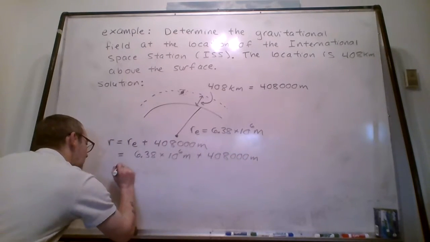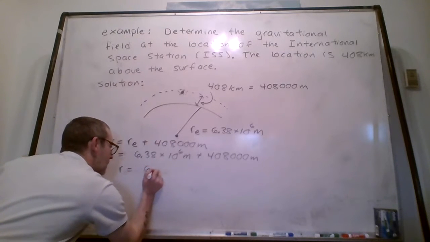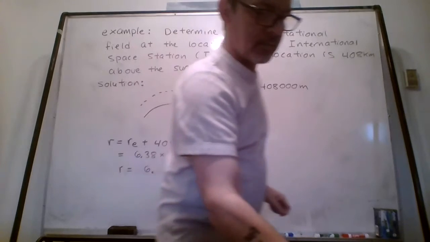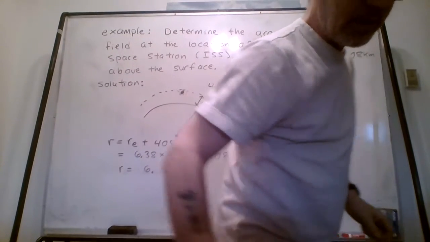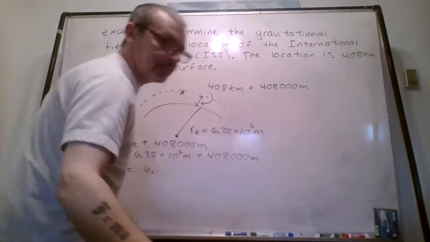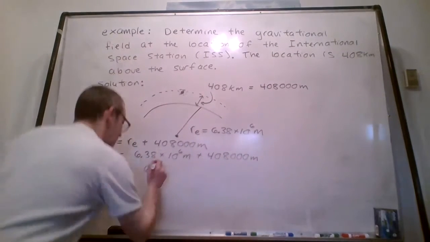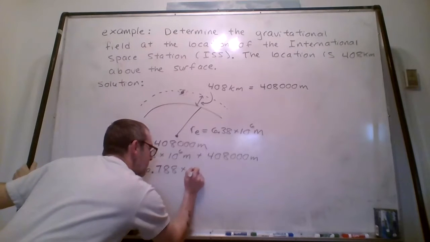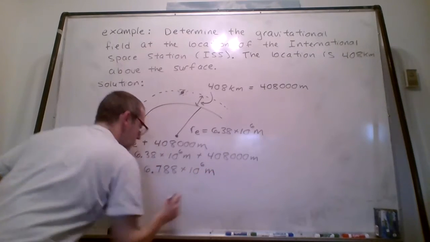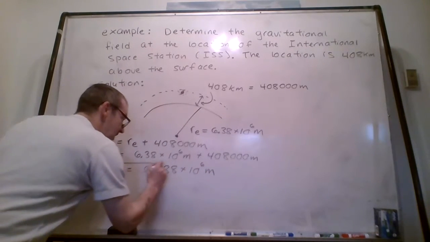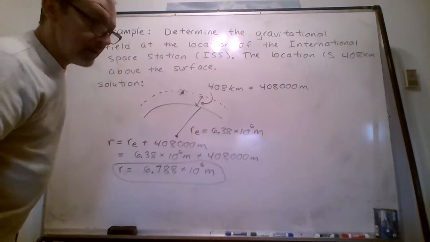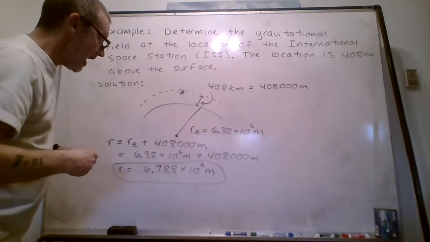And I believe we get r equals 6.788 times 10 to the 6 meters. So this is the number that's going to tell us the field strength at that location.